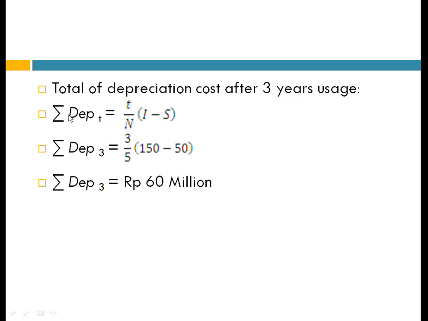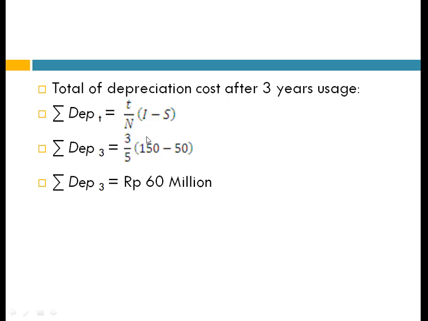The sigma depreciation in a certain year, in this case year 3, is t multiplied by the initial investment minus the salvage value, divided by the recovery period. We got 3 as the certain year, since we are going to estimate 3 years of usage.